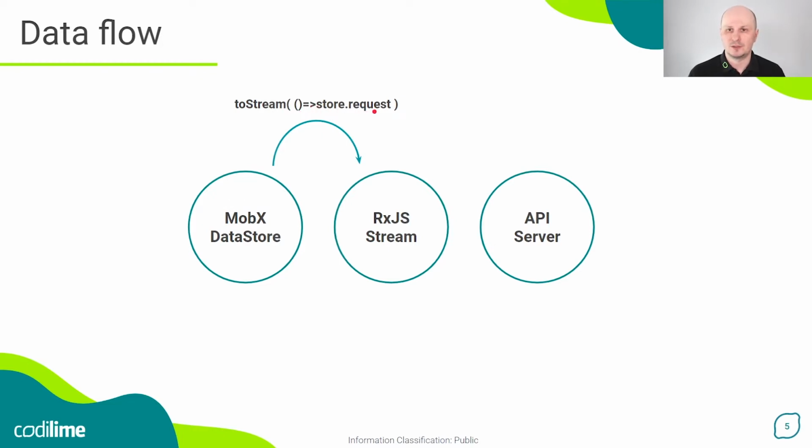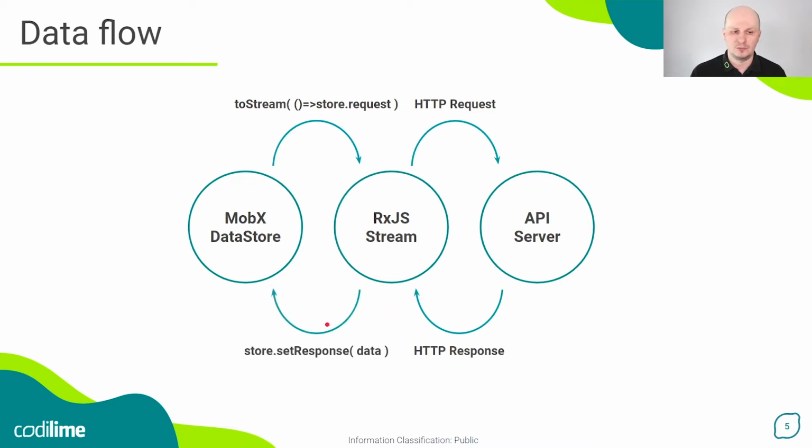So everything that is touched in this reaction is going to trigger the RxJS stream. Later, inside the configured RxJS stream, I'm going to call the API server using an HTTP request, and when this HTTP response comes to the RxJS stream, I'm going to set the response data in the Mobix data store.